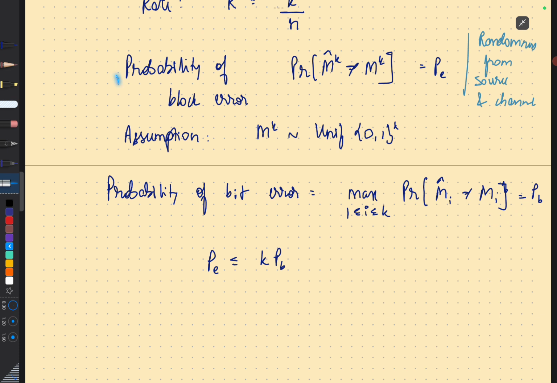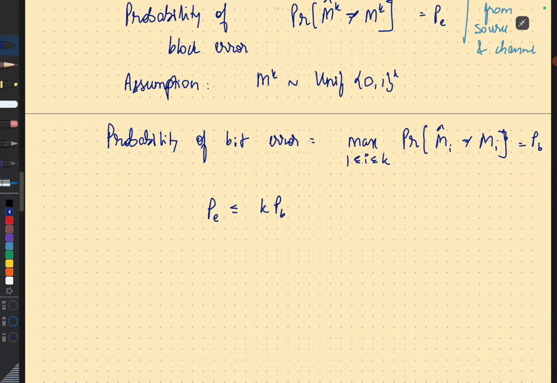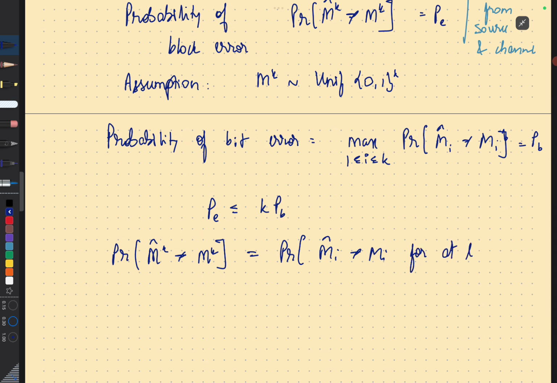And the probability that there is a block error is the probability that m_i hat is not equal to m_i for at least one i, right?